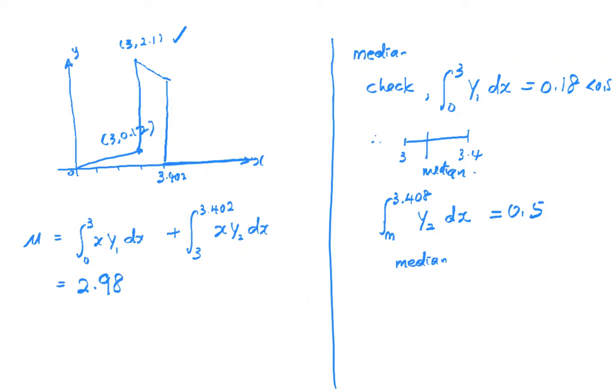How can it be 2.79? Wow. It's between 3 and 3.4. 3.15. Correct?